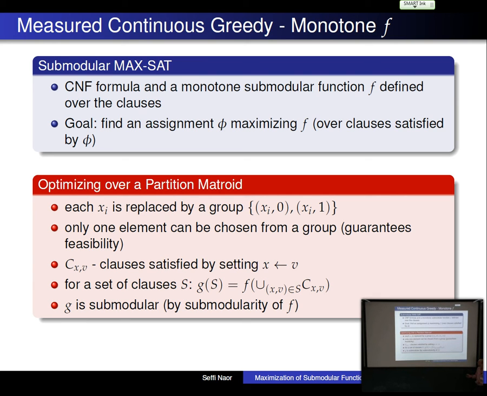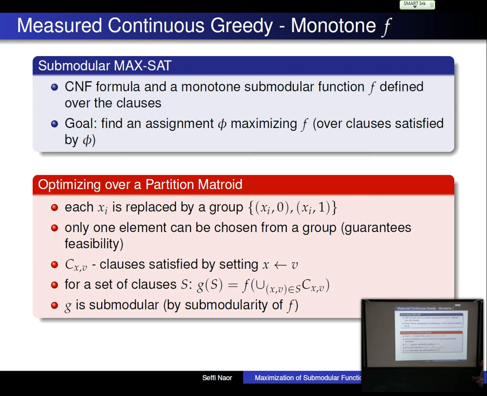Why partition matroid? Well, each xi is replaced by a group of 2, xi,0 and xi,1, and we have to choose exactly one from each group.